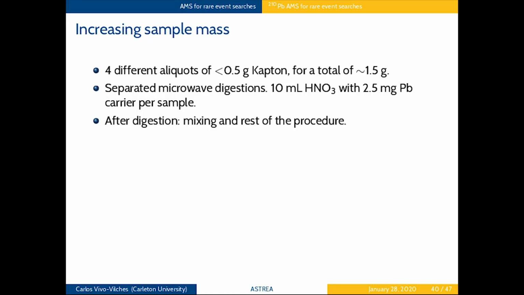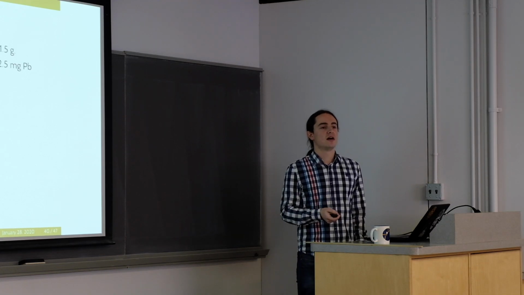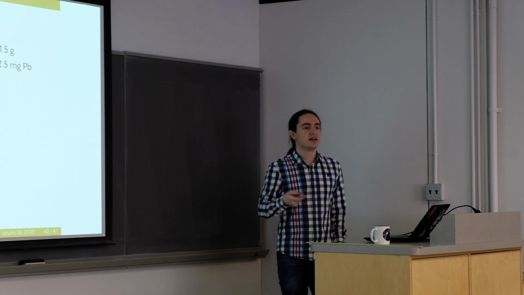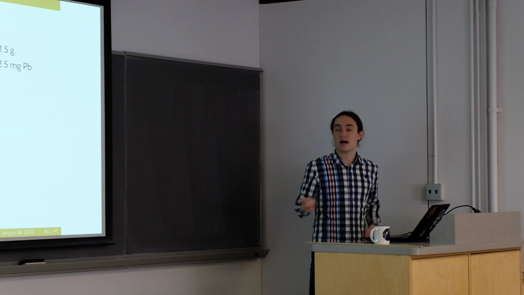Another thing we can do to improve this sensitivity in terms of specific activity is to increase the sample mass by 1 order of magnitude. The only challenge is that in the microwave digestion system, you cannot digest more than half a gram of organic material per digestion. So you have to separate it into 4 different digestions for each sample.